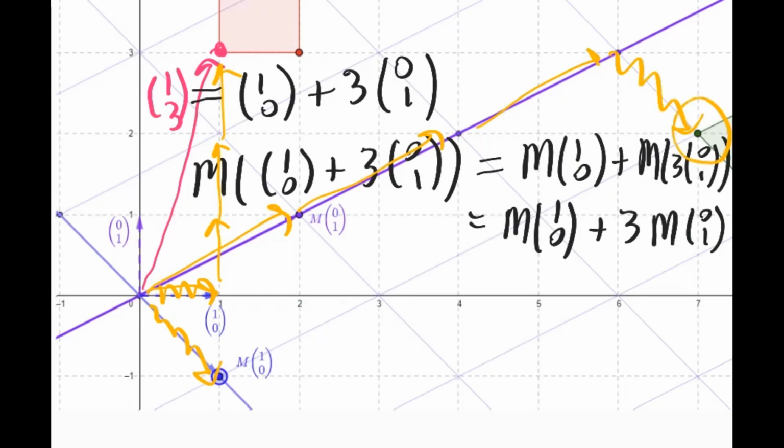So you see these rules: the image of the sum is the sum of the images, and the image of the scaled vector is the scaling of the image of the vector. These rules basically tell us how our linear map works across the entire plane.